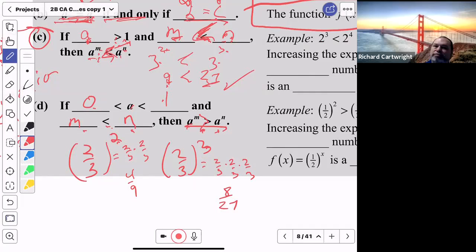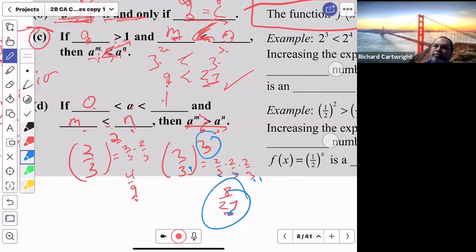That is smaller than 4/9, because 4/9 is almost a half. 8/27 is not even a third. So it's smaller. So notice what happened? The larger the exponent on a fraction gives you a smaller number, because every time you multiply by a smaller number, the answer gets smaller.